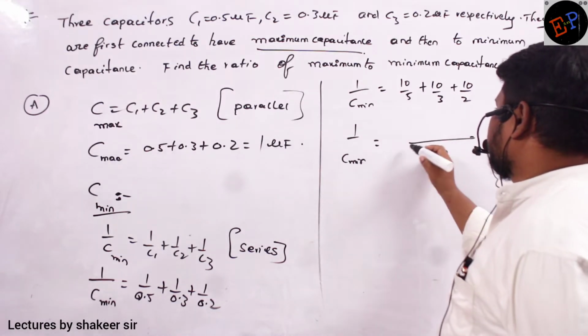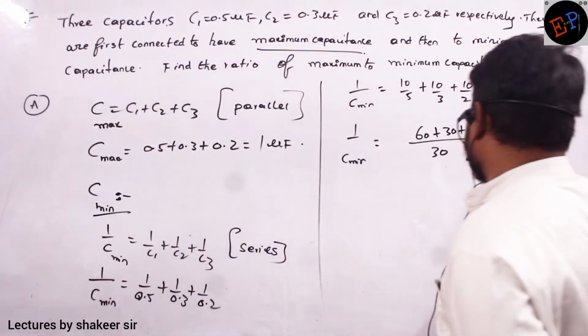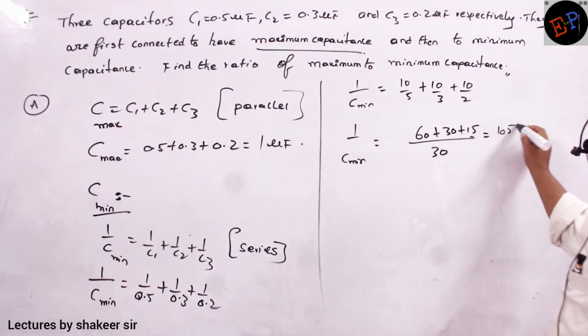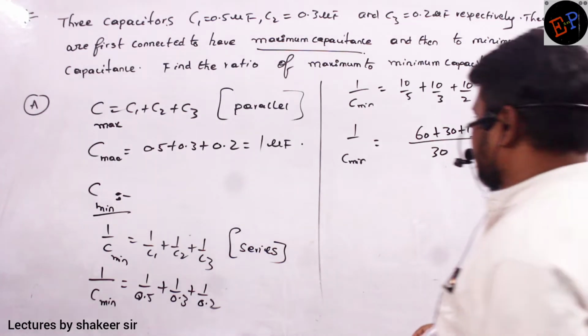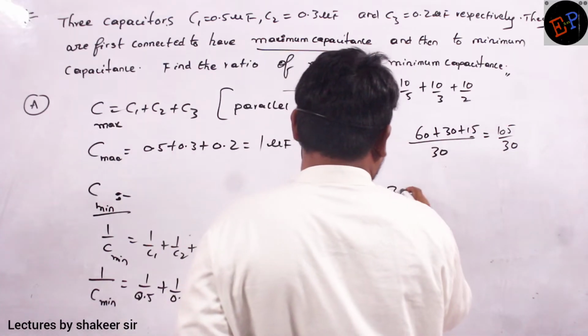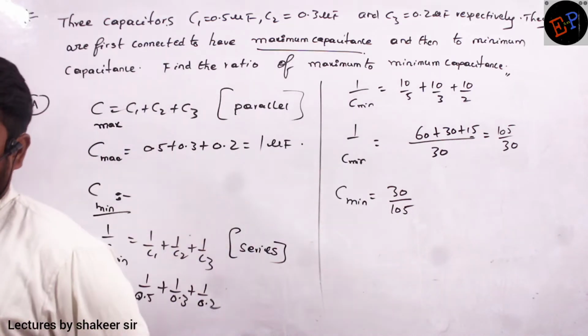So 6 sixes are 60, 10 tens... 105 divided by 30. Clear? So C minimum should be the reciprocal of this one: 30 divided by 105.